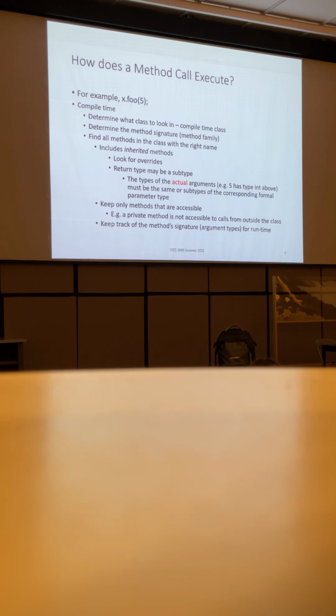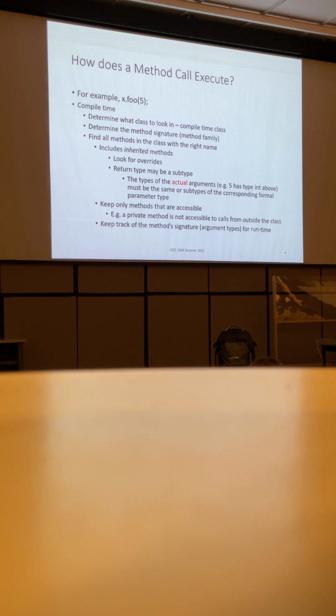All right, remember that the compiler makes its decision about the method family. A method family being defined as the name of the method and parameters. And then at runtime, only an implementation of a method from that method family is chosen.